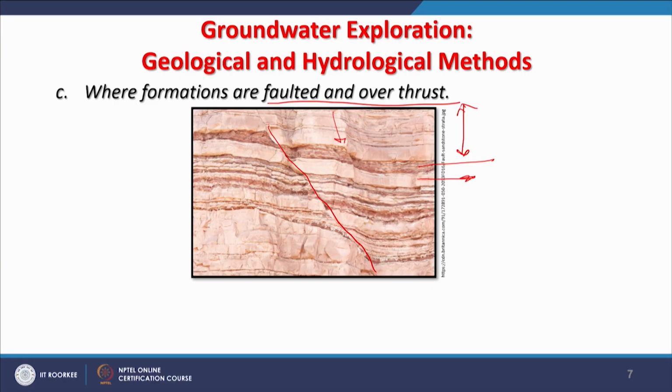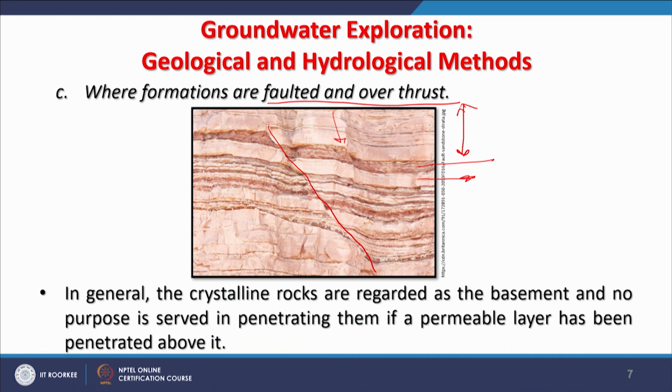Most of the time you may get unconfined aquifer conditions at the top, but if the bore well has gone deeper, one may encounter confined aquifer conditions. But structural information, faults and overthrust play a very important role in groundwater movement and occurrence.